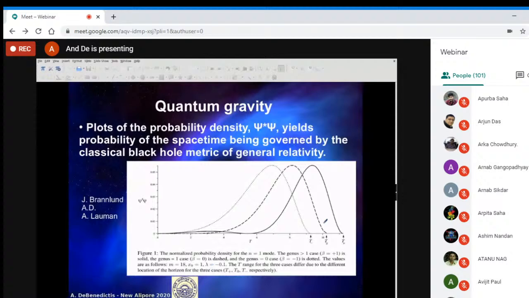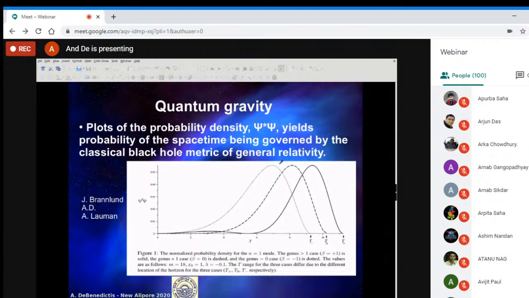Now, this graph is open to interpretation, but the way we've designed the problem, the most likely interpretation is that the bigger the value of this graph, the higher the probability that the classical metric, meaning the general relativity metric, accurately describes the space-time.